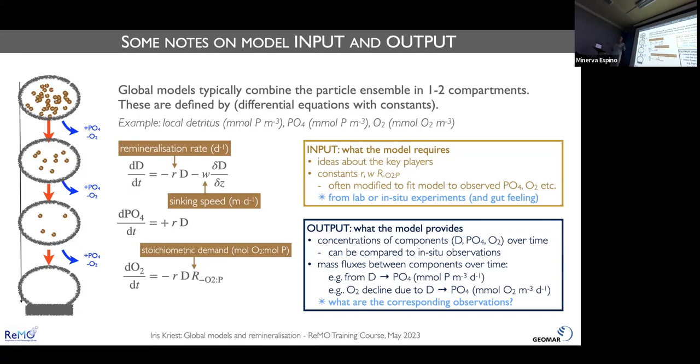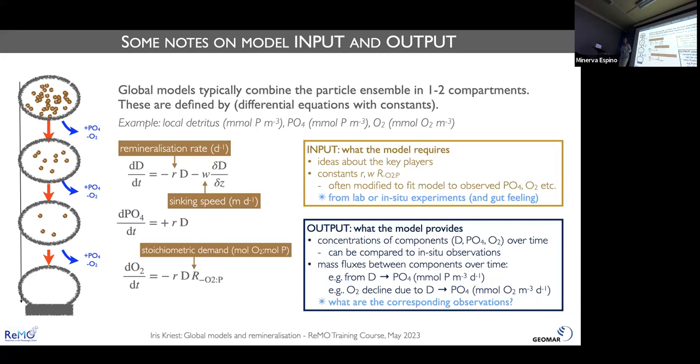And advection of the physical part will take care of also moving the detritus around. So in the end, what we get from the model are concentrations of our key players or components, detritus, phosphate, oxygen, everywhere in the ocean, at any time that was covered in a model situation, say from 1990 to 2100.